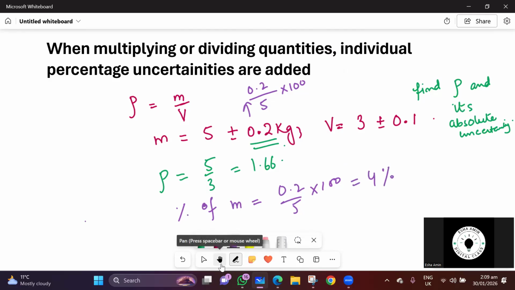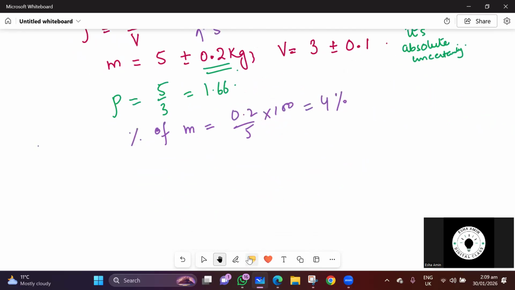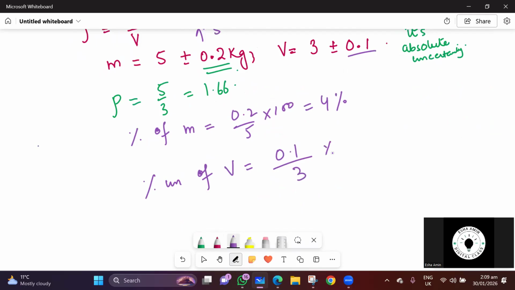If we find the percentage uncertainty of volume, that will be its absolute 0.1 divided by measurement, into 100. So it will be 0.1 divided by 3 into 100, which is 3.33%.